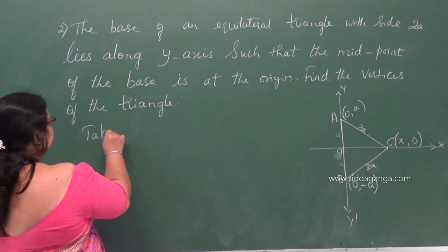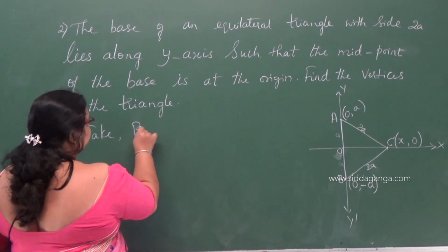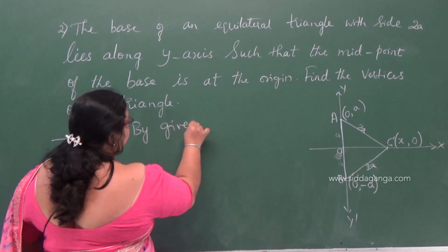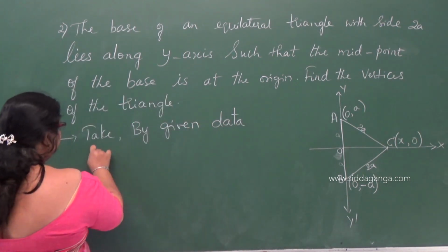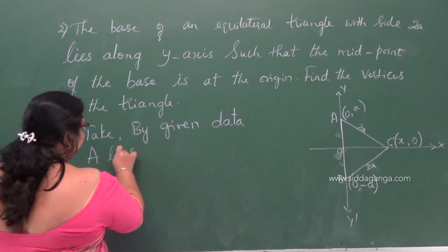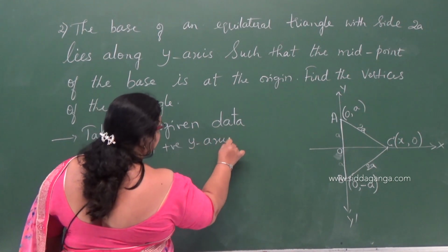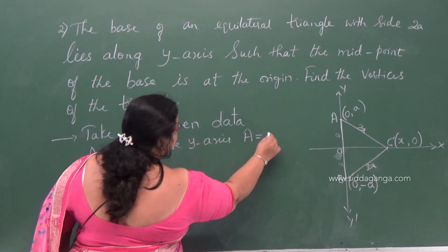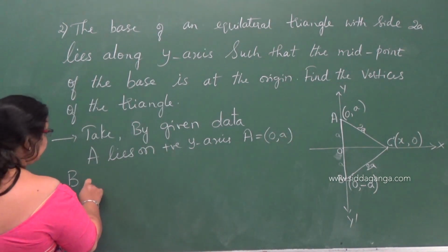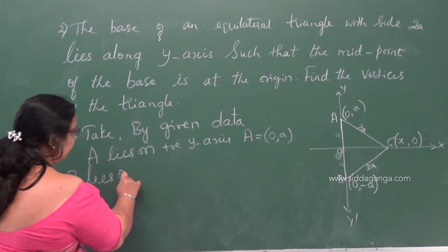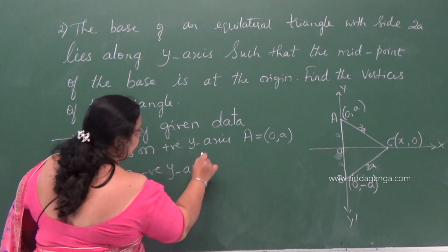Solution, by given data, the one vertex A lies on the positive y axis. So we have to take that as A, 0, a. The second vertex B lies on the negative y axis.